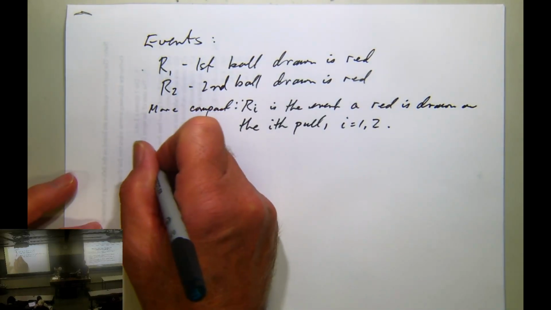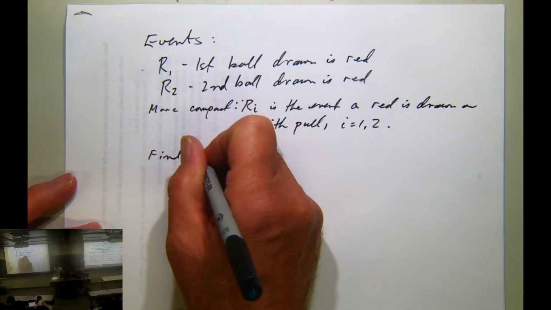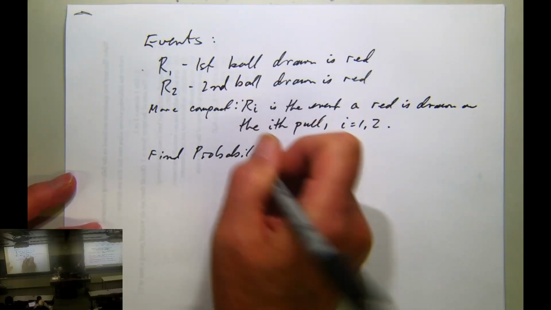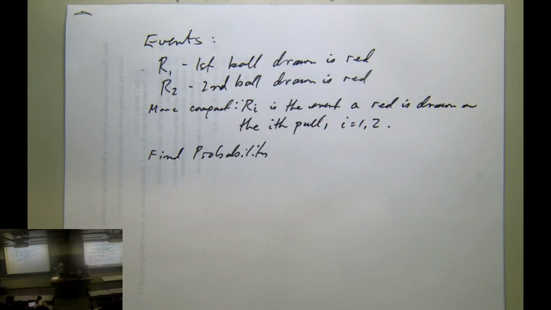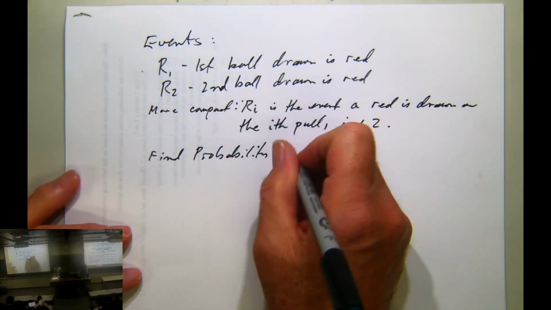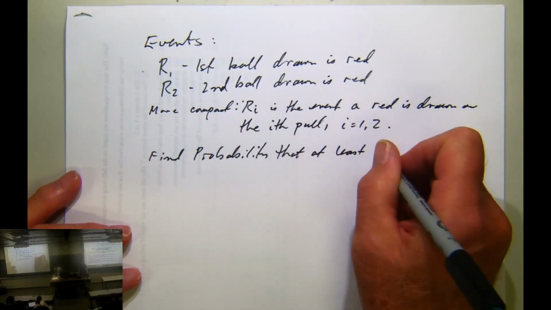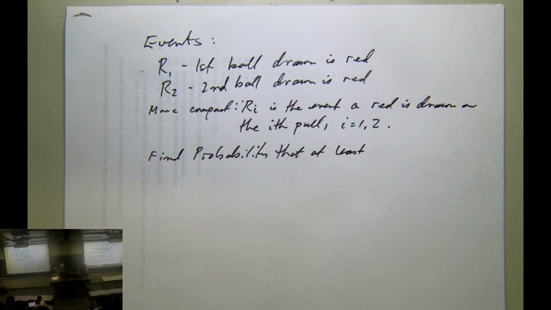And so we're going to find the probability. I want to write this out again, that at least one ball. It is known.